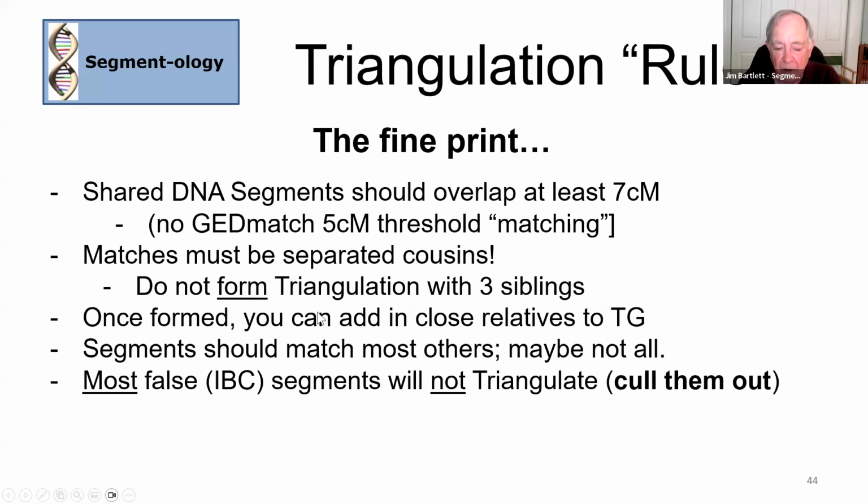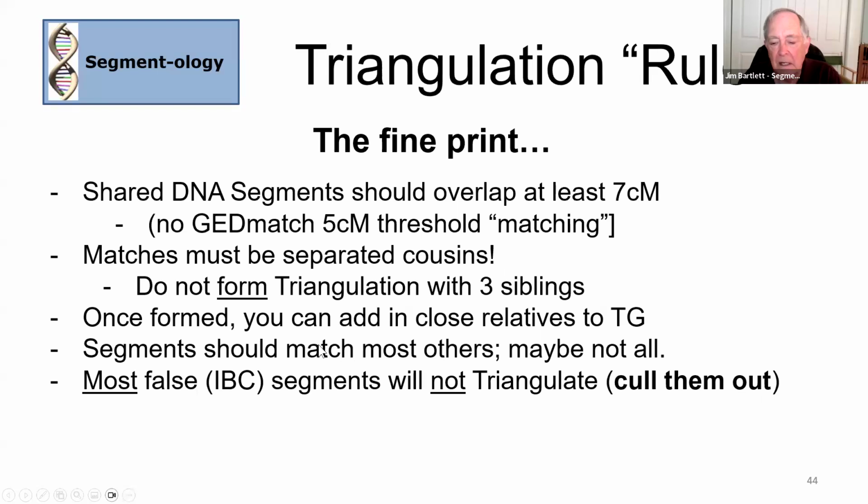Once you have a triangulated group, however, you can add in all those other cousins. You can add the 3 siblings in. You can add in your brother and sister, your aunt, your uncle, to this triangulated group if they have overlapping segments in there. Segments should match most others, maybe not all of them, but most of them.